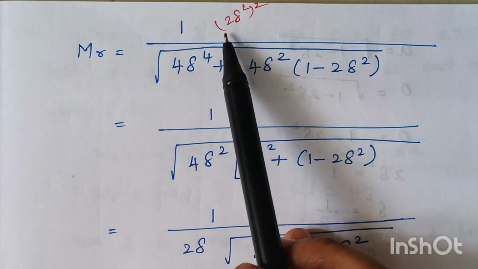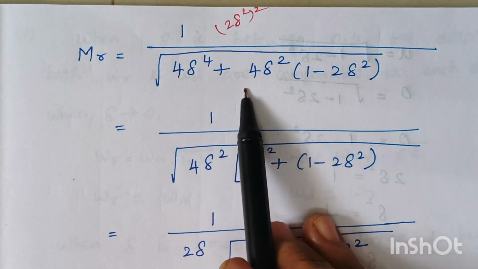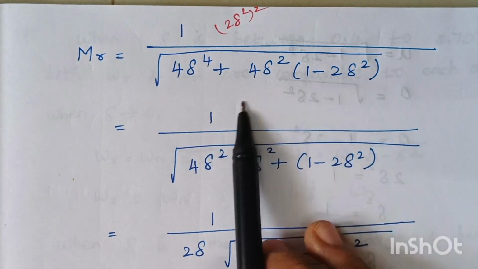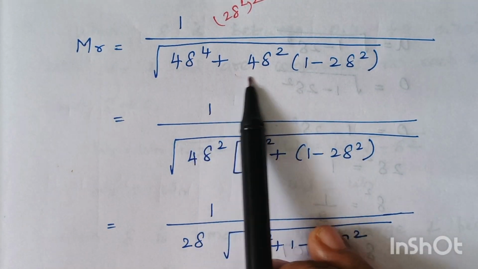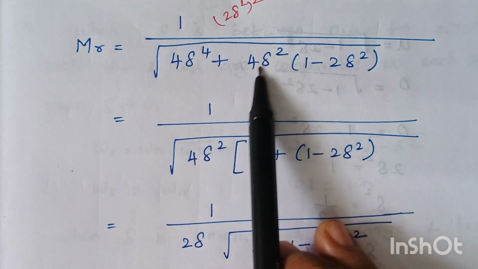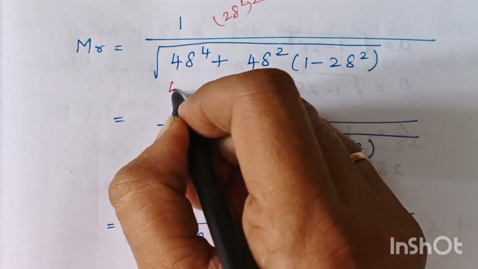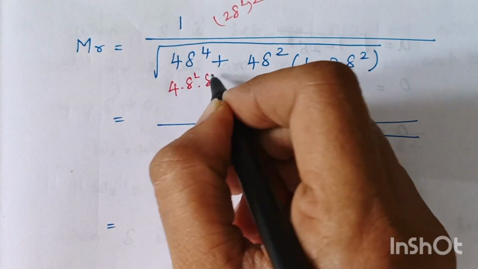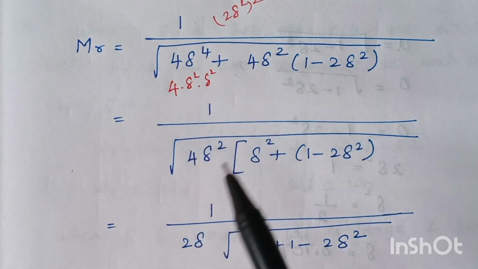So when you square it, what happens? 2 square is 4 and zeta square to the square is zeta power 4, plus this term as such. And in the next step, when you observe carefully, you see I am having 4 zeta square here and here also I am having 4 zeta square, right? Because you can write this as 4 zeta square into zeta square. So I am taking this 4 zeta square commonly outside.